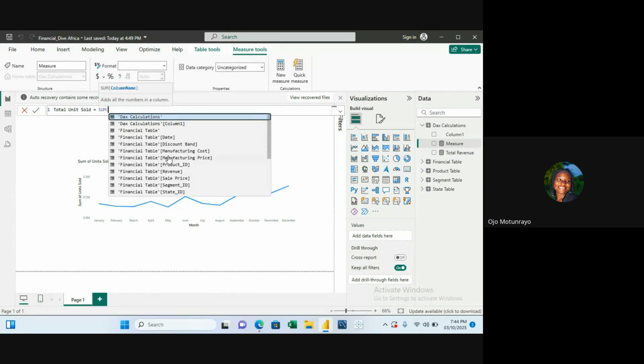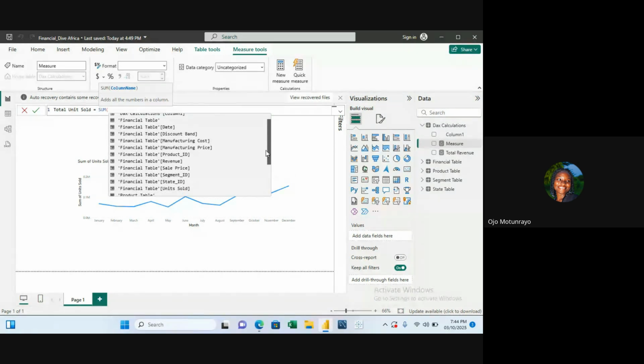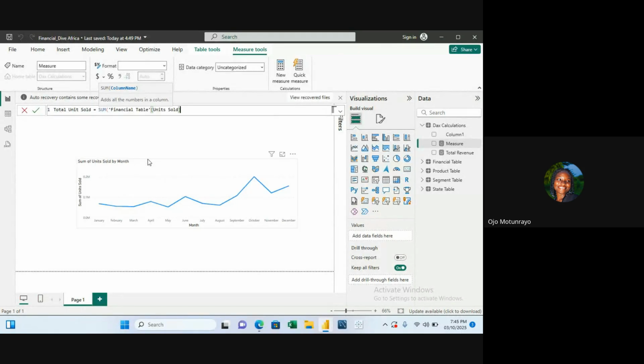Then click on enter. Now we have our total units sold.